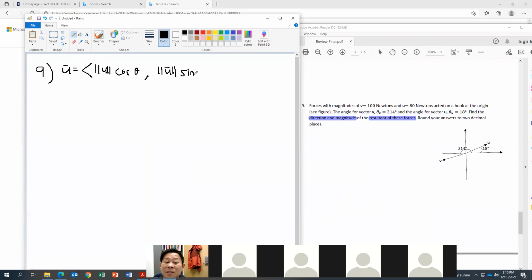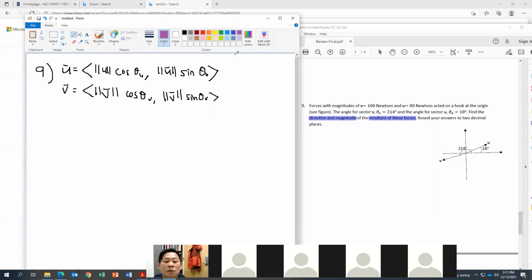Don't forget, this is very similar to your unit circle where your x is cosine and your y is sine, but you just need to multiply with this magnitude. Same thing with vector V, you just do the magnitude of V times cosine theta, but don't forget this theta is for U and this theta is for V, because they are two different vectors here. And then the second component is the magnitude of V times sine theta V.